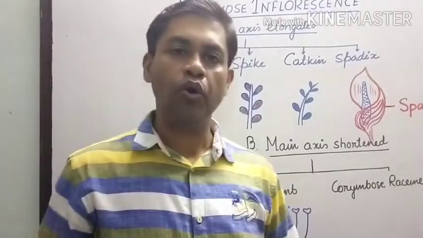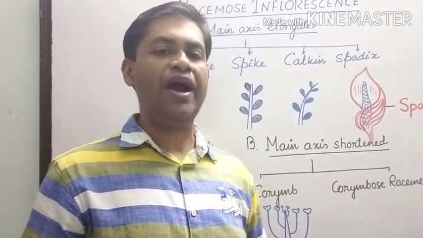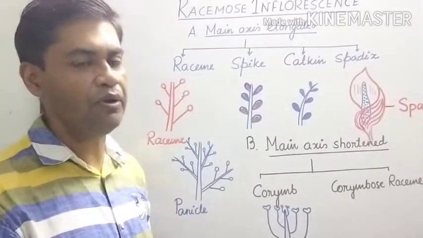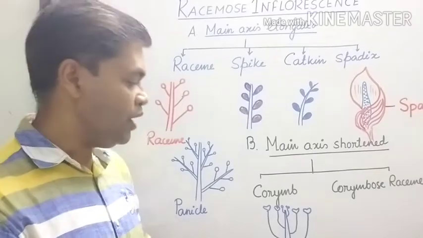I repeat, corymb is a type of racemose inflorescence where the main axis is not stopped by the production of a flower because it is racemose, but the main axis is not very long.